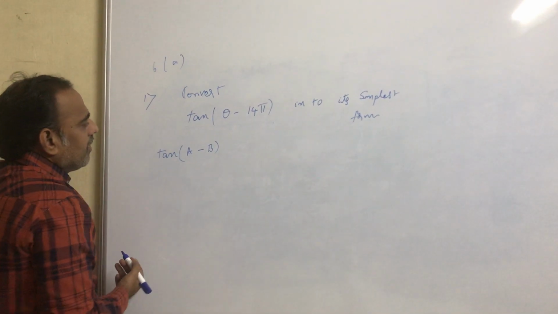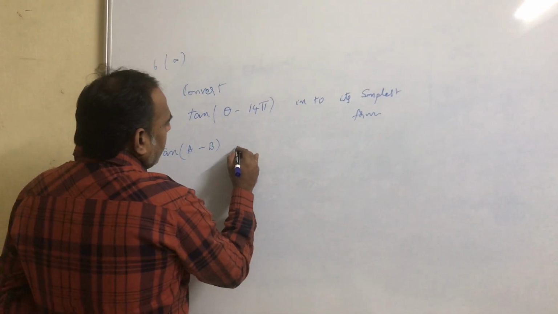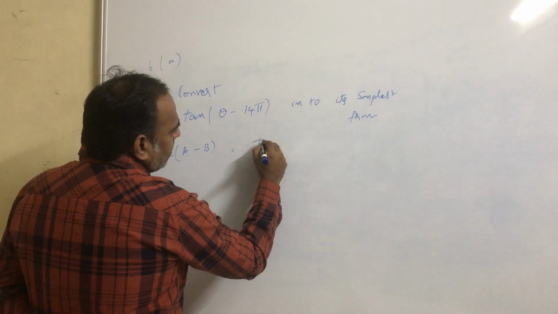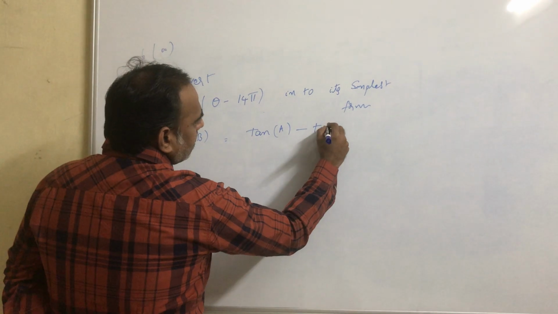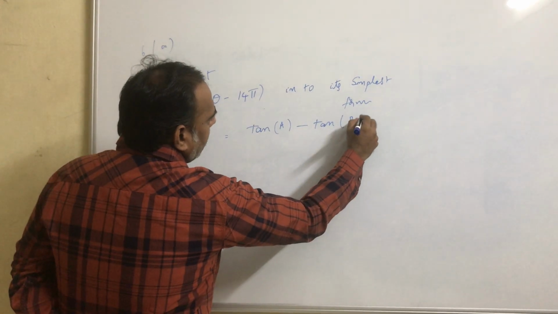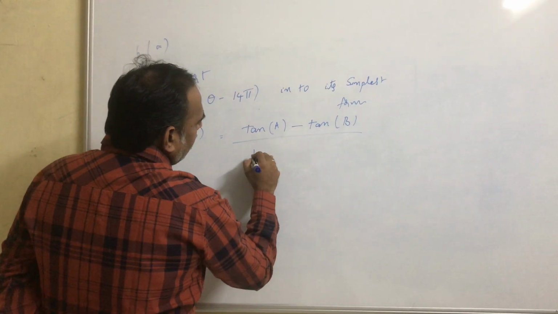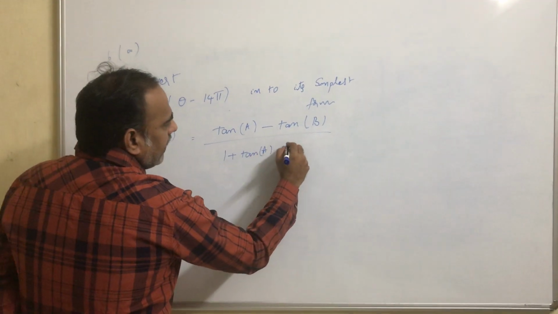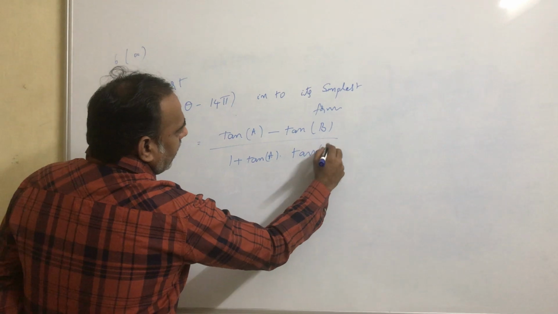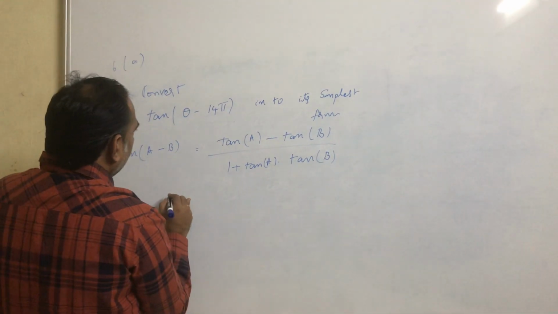That is one way of solving the problem. What is tan a minus b? Tan a minus b equal to tan a minus tan b by 1 plus tan a tan b. Okay.